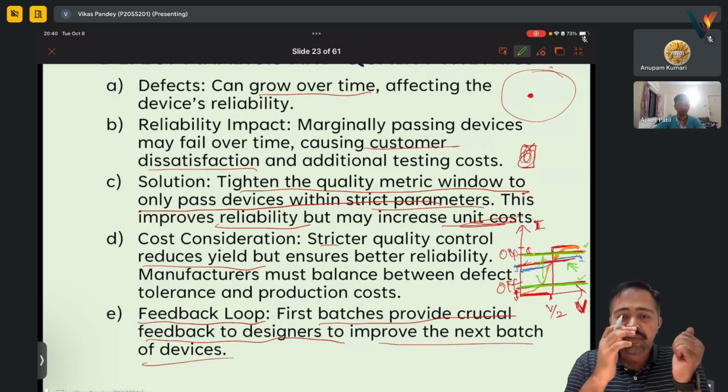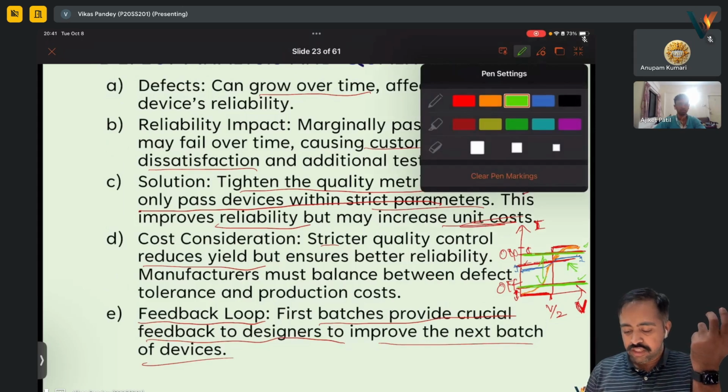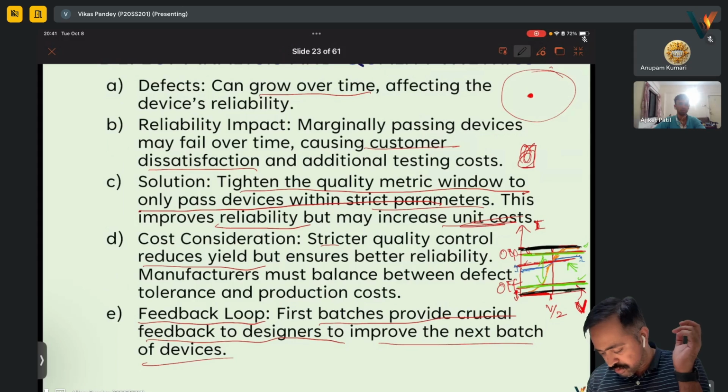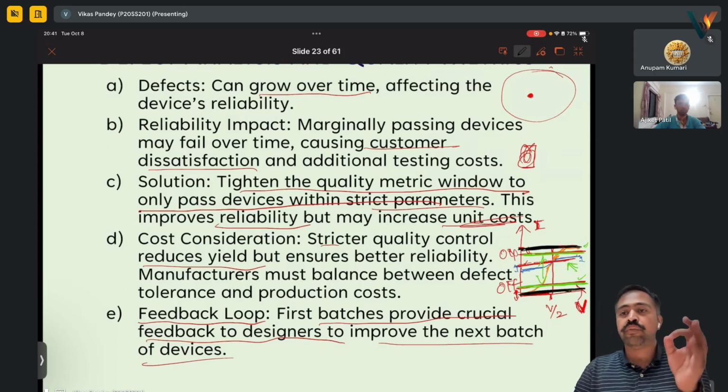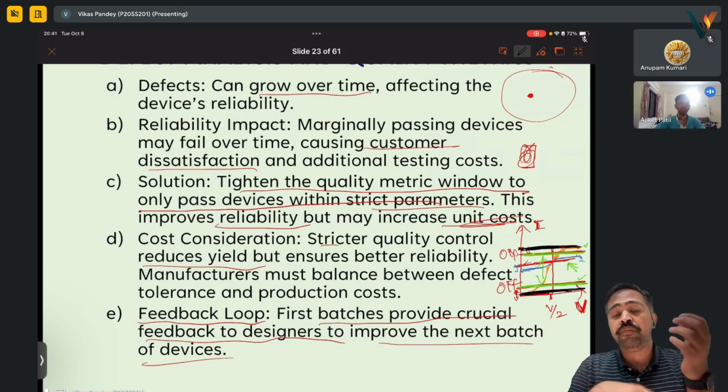Someone might say, then why go for this one? Let's make the tolerance limit a black one, just this thickness. For this, we will reduce the yield a lot, because out of 400, 500 devices, we might get only 4 5 perfect devices.